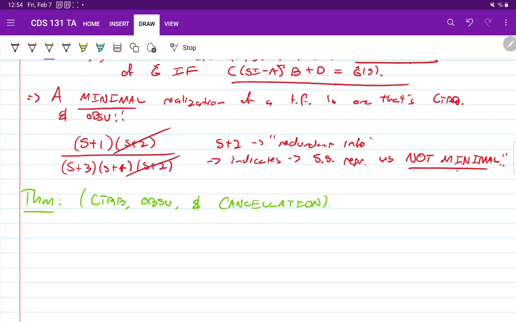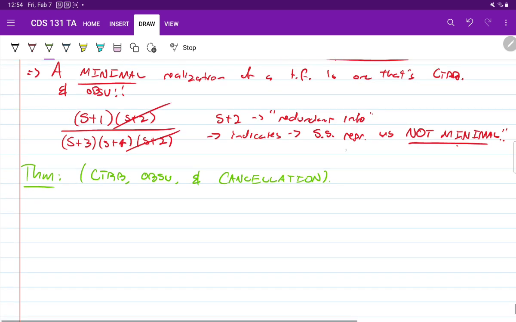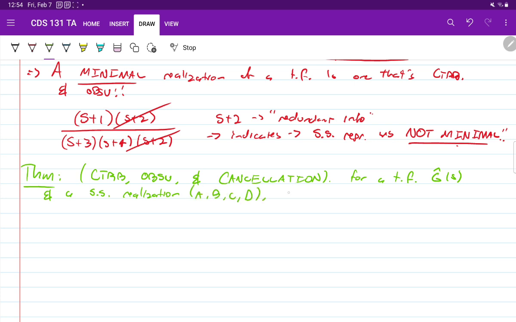Okay? And what this effectively says is that for a transfer function g hat of s and a state space realization A, B, C, D, the realization is minimal if and only if A, B is controllable and A, C is observable.